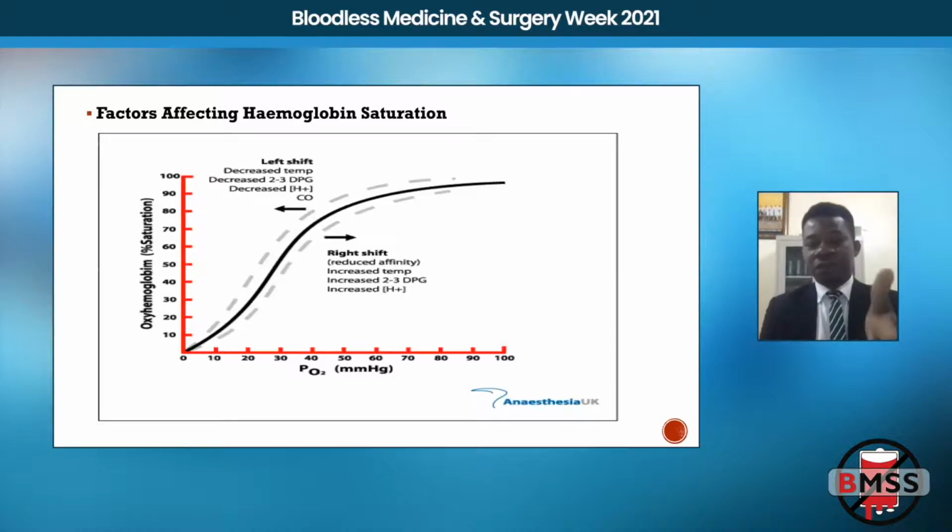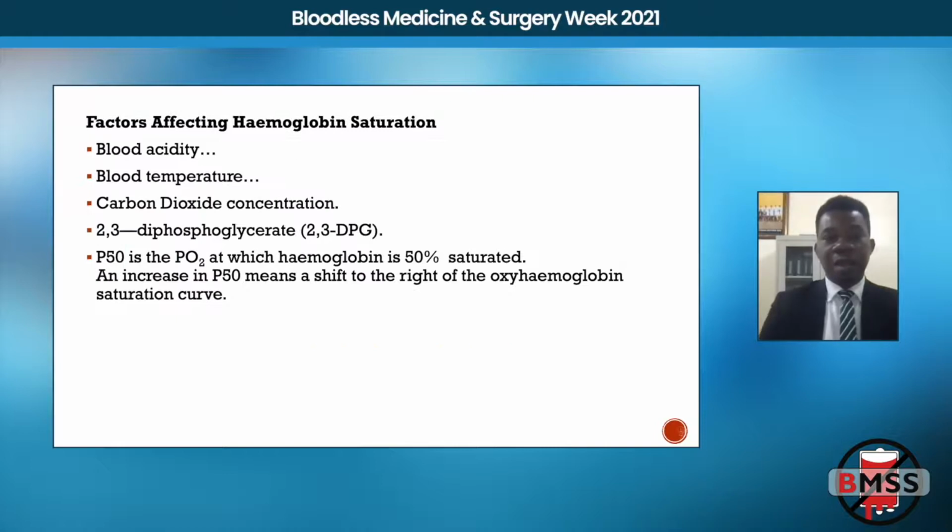Some of those factors include temperature. As the temperature increases, because metabolic rate increases, the tissues will require more oxygen, so hemoglobin tends to let go of oxygen readily. The same applies when there is an increased level of hydrogen ion, as well as an increased level of 2,3-diphosphoglycerate.